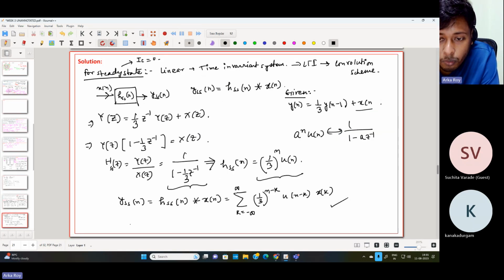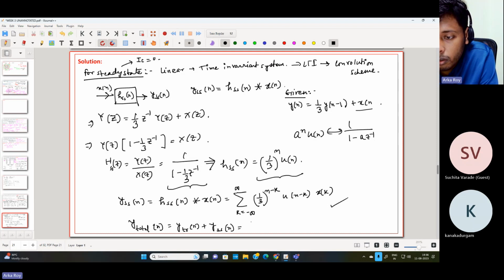So the full solution y total n is y transient n plus y steady state n. So the transient n is 2 by 3 to the power n plus 1, plus summation k equals minus infinity to infinity 1 upon 3 n minus k u of n minus k and xk. So this is the final result.